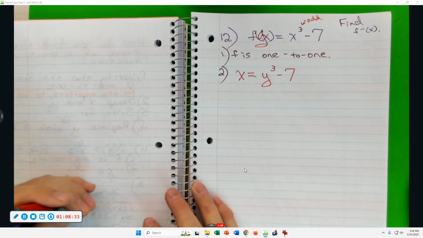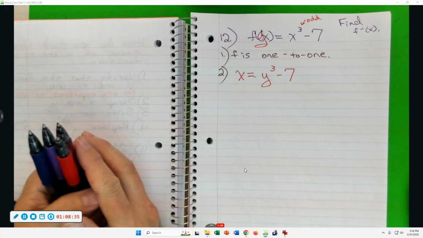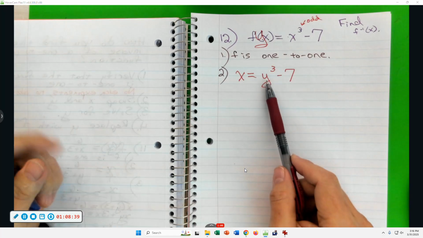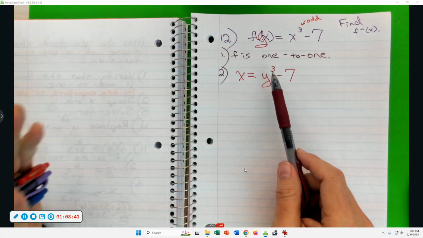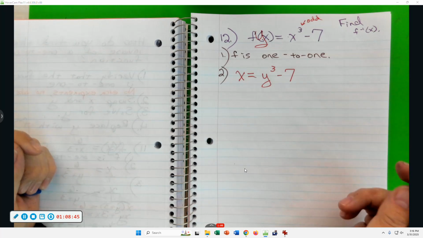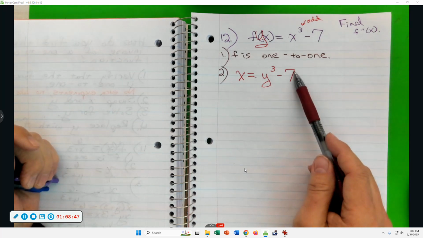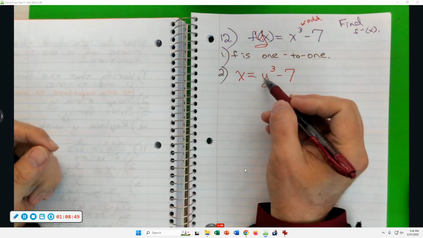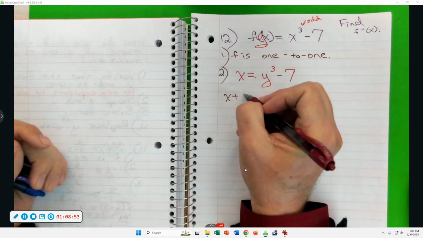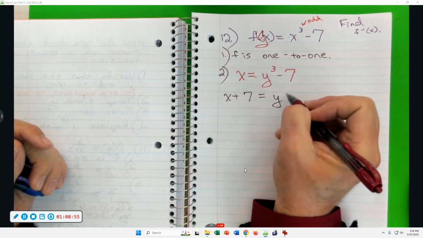Step 3 is the only one that requires some work, and even here, it's not that bad. We need y by itself. There's only one sensible next step. What is it? Add 7. That's right. Get that y cubed by itself. So you have x plus 7 is equal to y cubed.